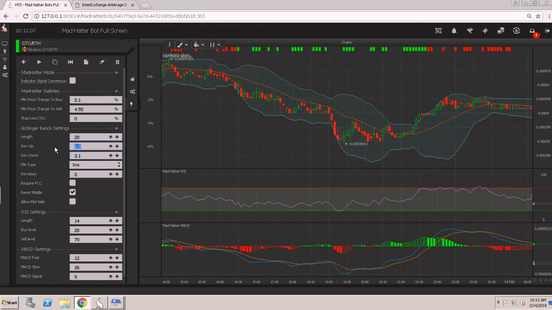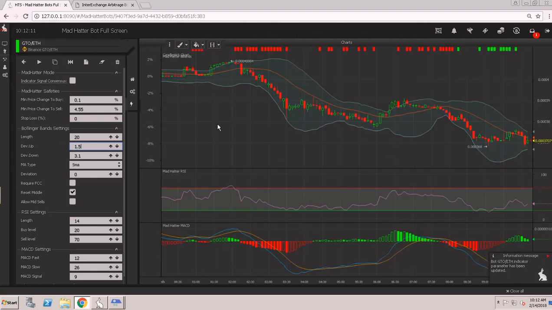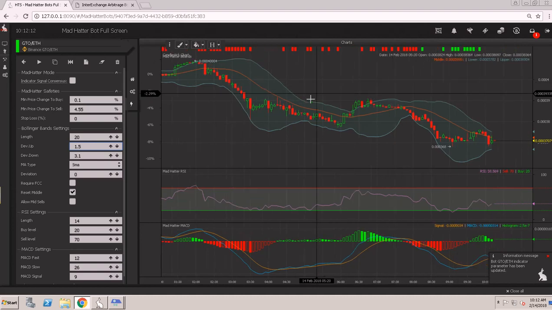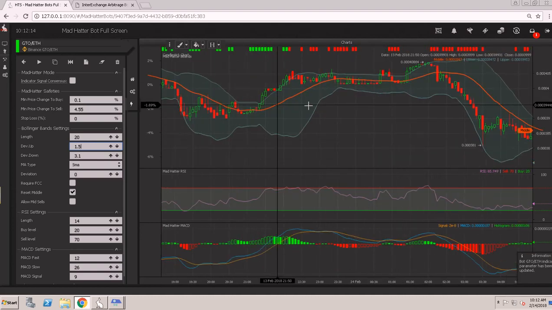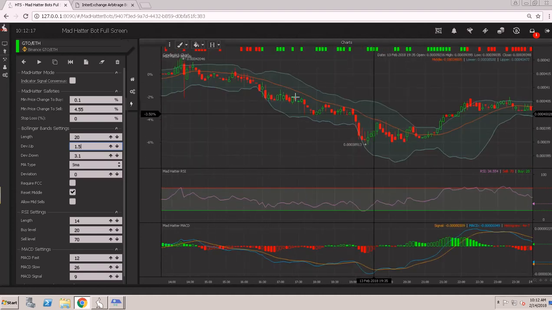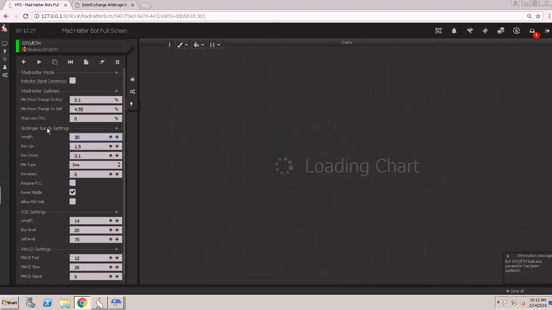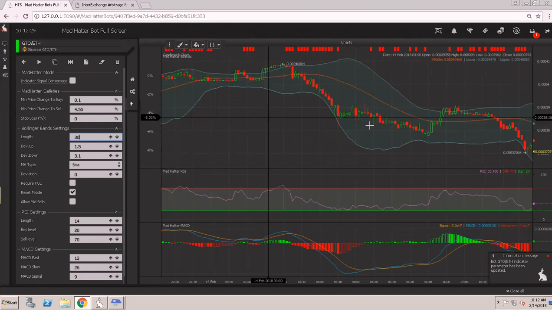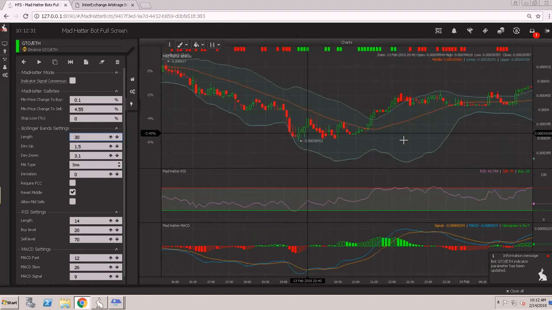So this here, sell, would make it a little more trigger happy than selling. See that? Brings that in a little bit. It's probably too much. So let's go ahead and increase the length, maybe, and see if that helps. Alright, cool.